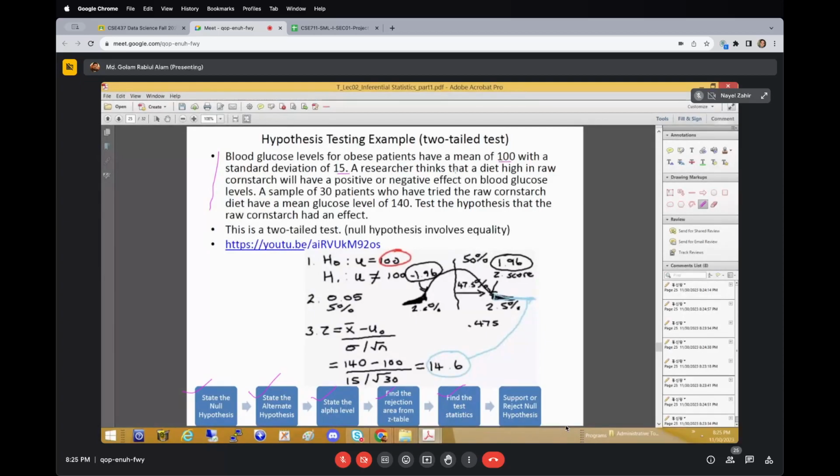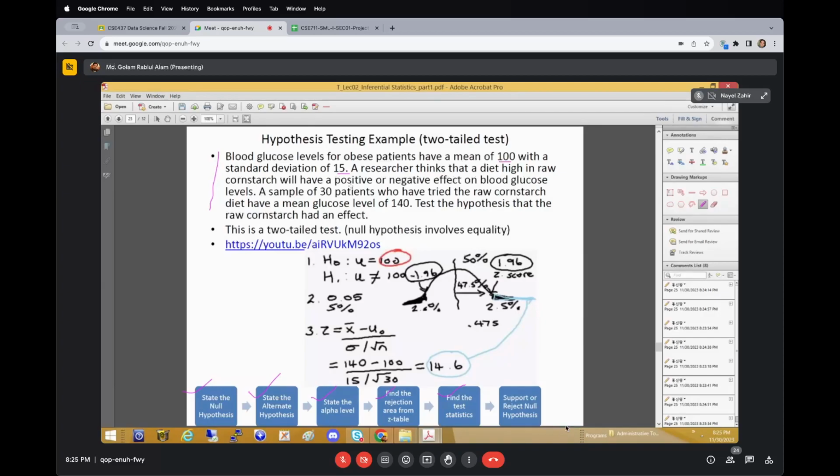A researcher thinks, so this is the researcher's hypothesis, that a diet high in raw cornstarch will have a positive or negative effect on blood glucose levels.